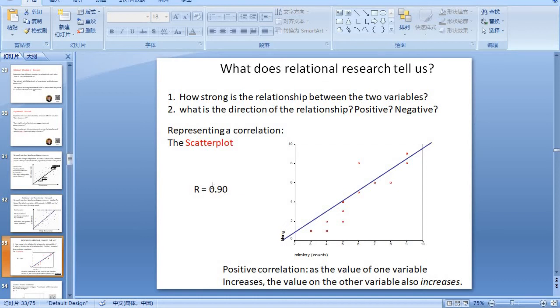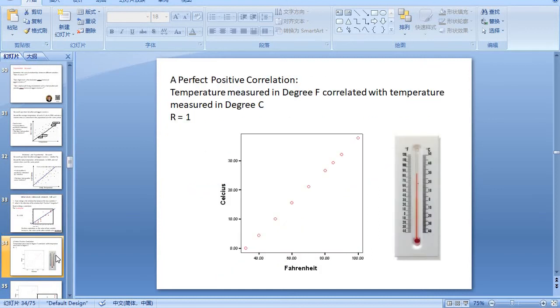Strong correlation in number and the strong correlation indicated in the scatter plot. The closer to positive one, the stronger the correlation. In terms of positive correlation, positive 1 is the strongest positive correlation.